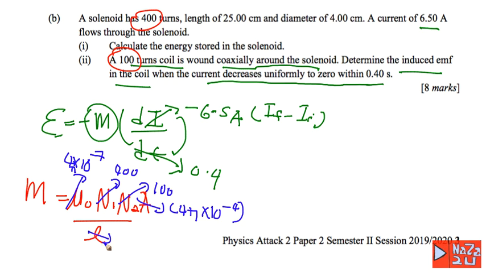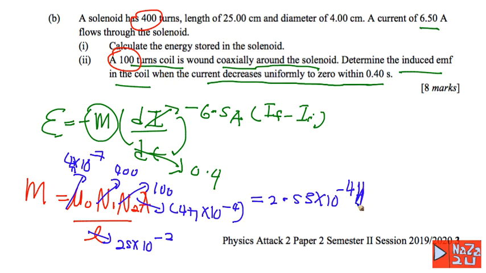And the length of the solenoid is 25 exponent minus 2 meter. If you use the calculator here, M is 2.53 exponent minus 4 Henry.